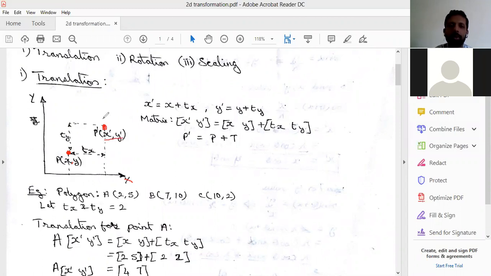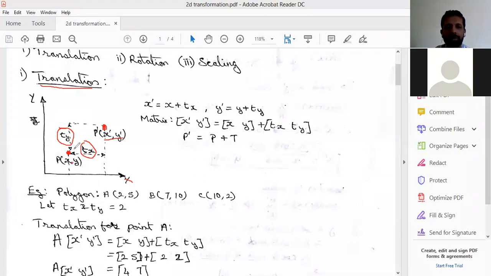Now, for this to be moved, I should know by how much I should move it in the x direction and how much it should be moved in the y direction. I'll call the translation in x direction tx, and the translation in y direction ty. So how much distance should we move it in x and y direction?